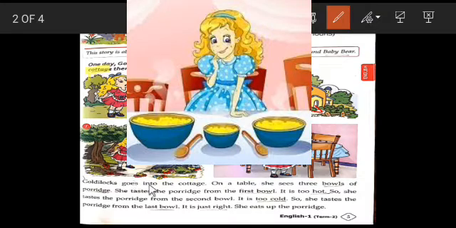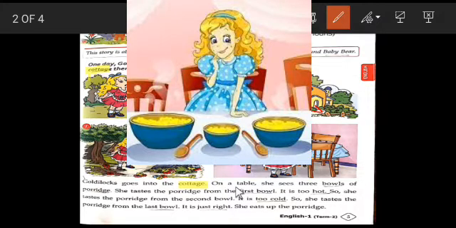She sees 3 bowls. Okay, I have told you the meaning of cottage is a small hut. Okay, a small room or a small single storied room, we can say. Okay, so she sees 3 bowls of porridge served on a table.